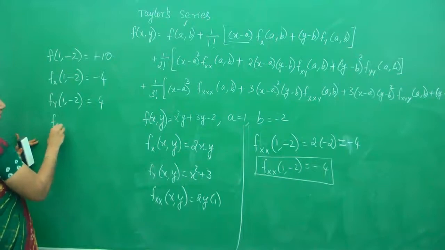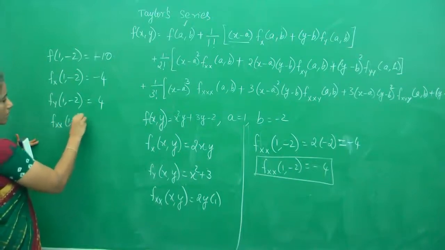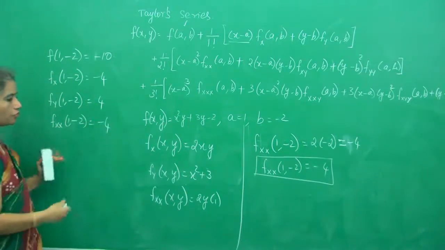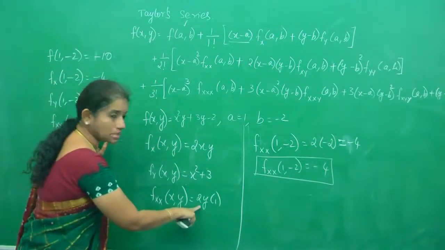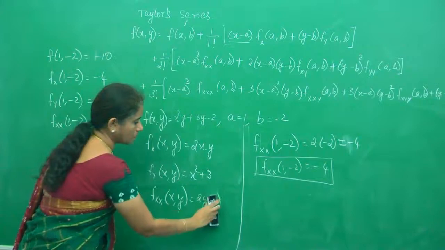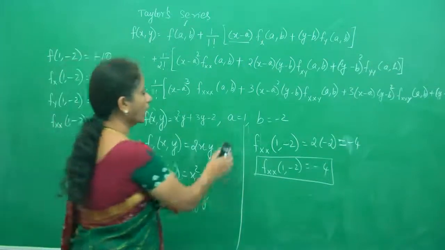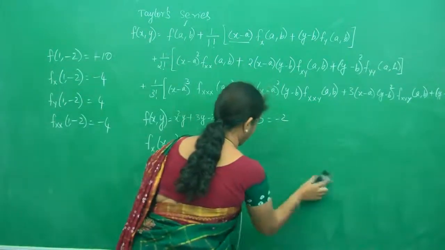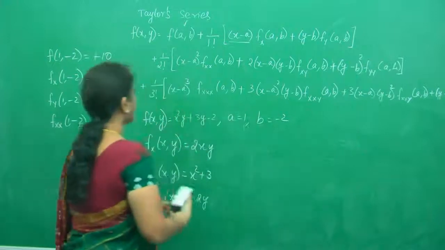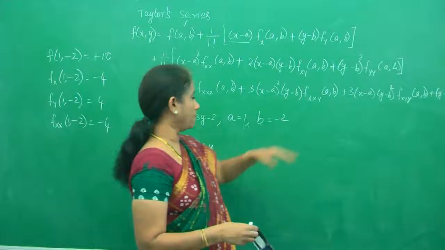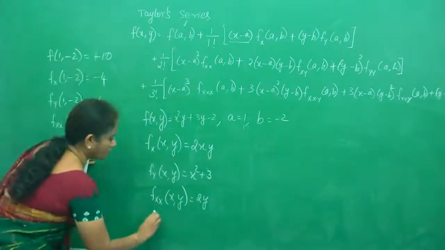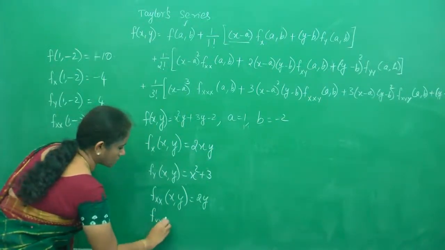So let me note it down on this side. 1 comma negative 2 is negative 4. Okay. So we have done fxx of xy is 2y. I am just erasing this. And this part is done. Now I need to do fxy of AB. So fxy of xy, let me do first.